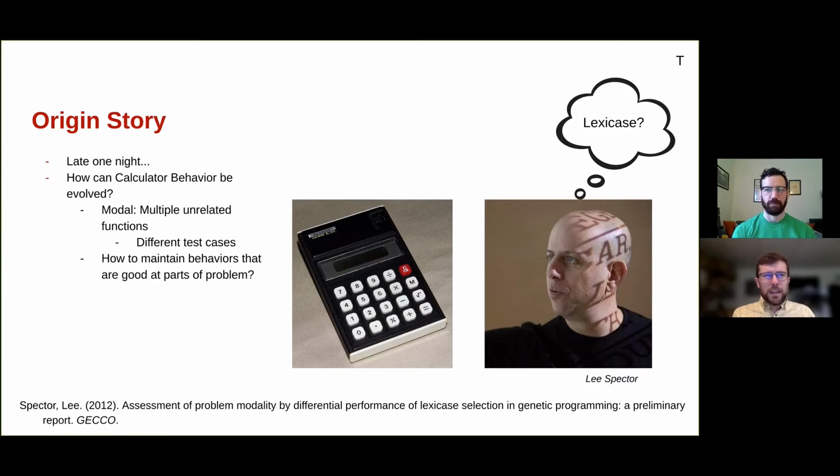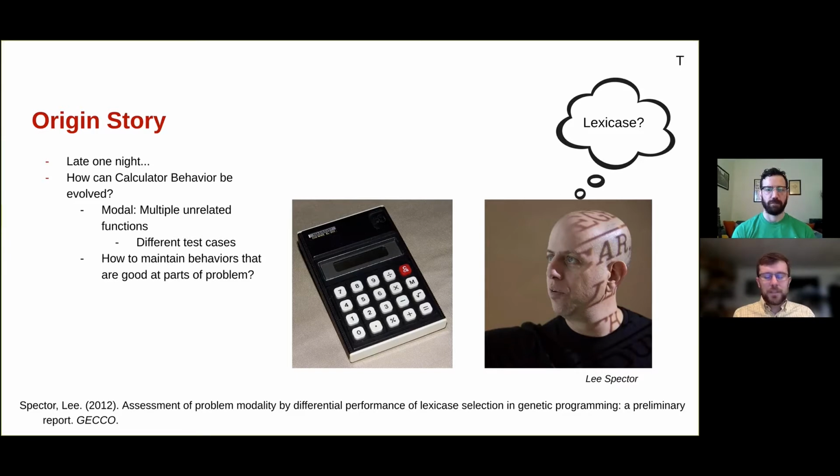And so if you are just considering the total error, you're not paying attention to which individuals in the population are performing well at different parts of the problem. In fact, an individual that has solved a particular part of the problem, its genes might not be selected at all if it has an overall poor total error because it hasn't figured out how to solve other parts of the problem.